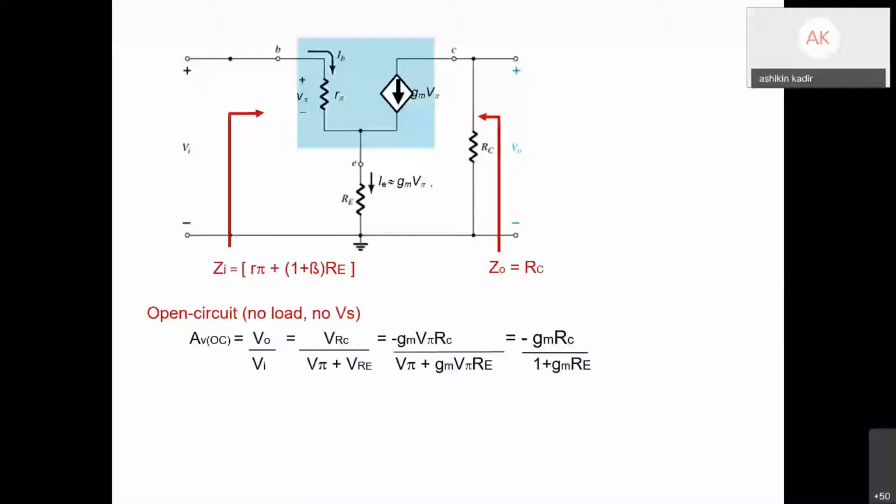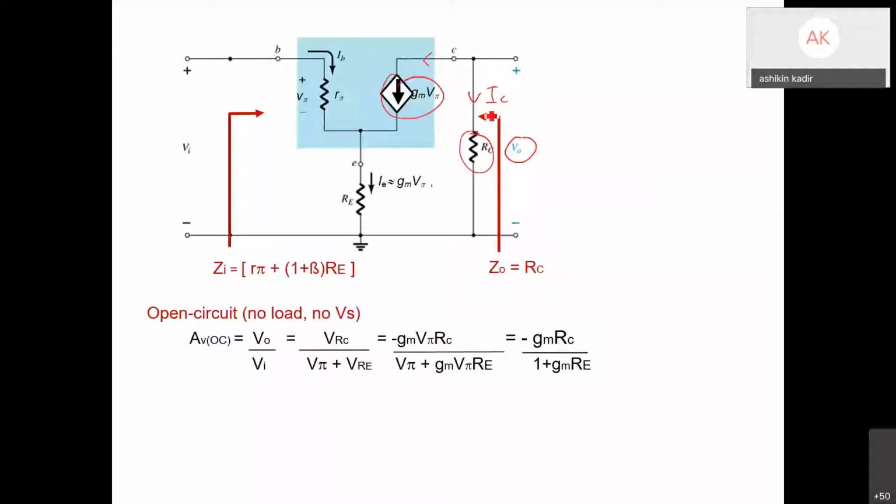So here your Vout is equal to, just use Ohm's law, V RC. To determine V RC, we can use the current over here, but here we have another current.